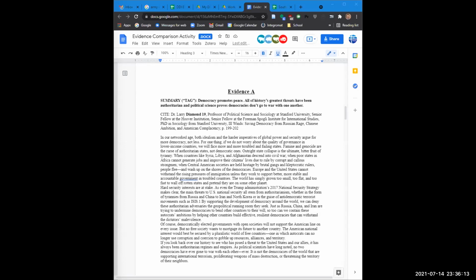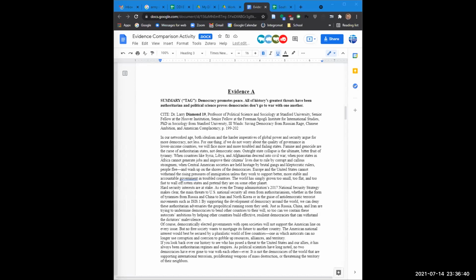And also in the evidence A, the research says that there's never been war between two democracy countries, but we have found some examples that two governments which you can say are democracies did have war.